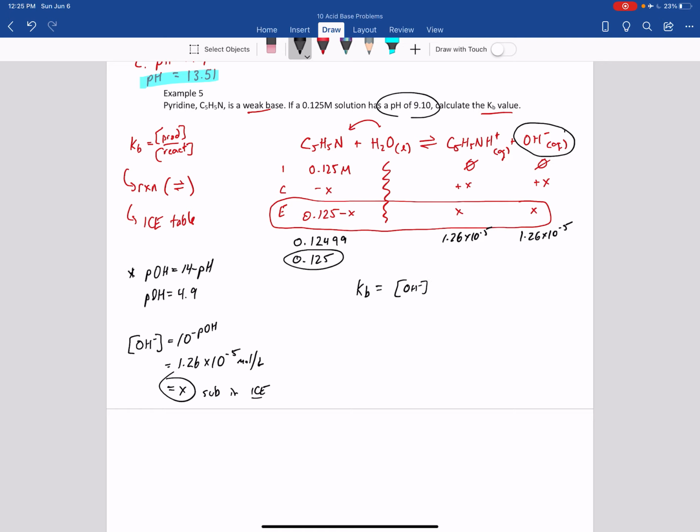We'll do OH minus times the conjugate acid over the original base. So we'll sub in our numbers, 1.26 times 10 to the negative 5. That's twice, so we'll just square it mathematically, divided by 0.125.